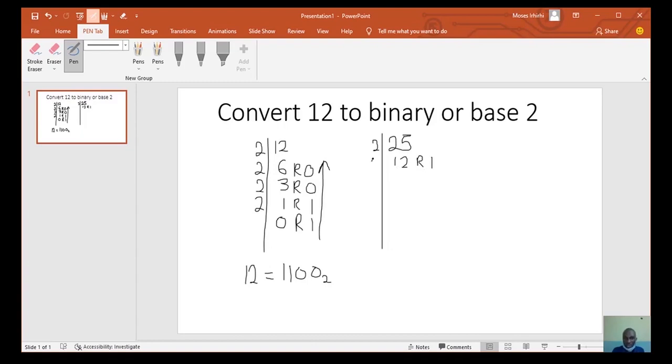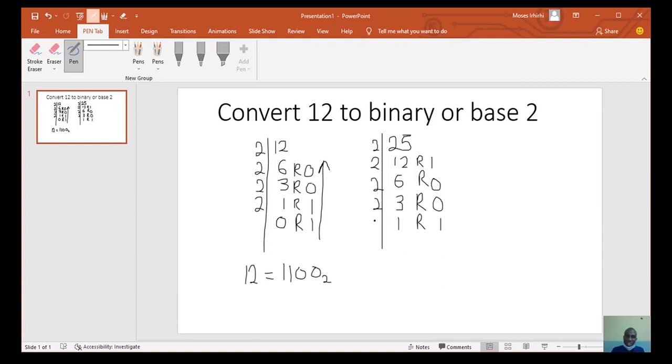12 divided by 2 will give me 6, remainder 0. There is no remainder when you divide 12 by 2 to give you 6, remainder 0. Then we divide again by 2. 6 divided by 2 will give me 3, remainder 0. Then 3 divided by 2 again, just the way we did it the first time, gives 1, remainder 1.